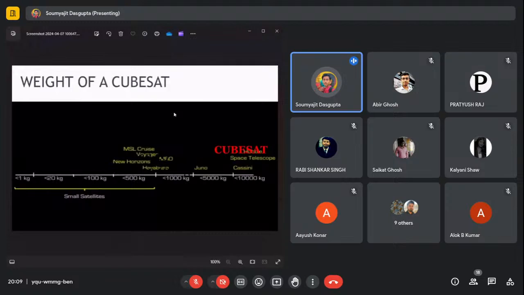Even the smallest CubeSat was made by Rifat Saruk, who is the chief scientist of Space Kids India. You might have heard his name. He made the smallest CubeSat. Its weight is around 100 grams only, if I am not wrong. So this is the weight of a CubeSat.